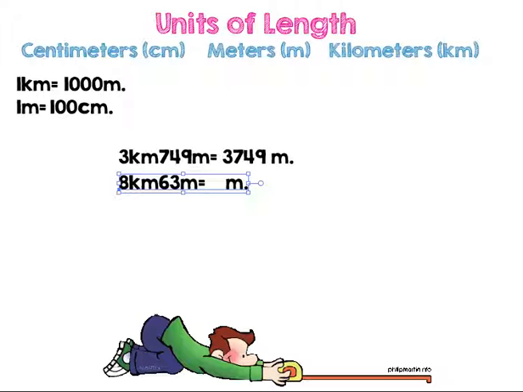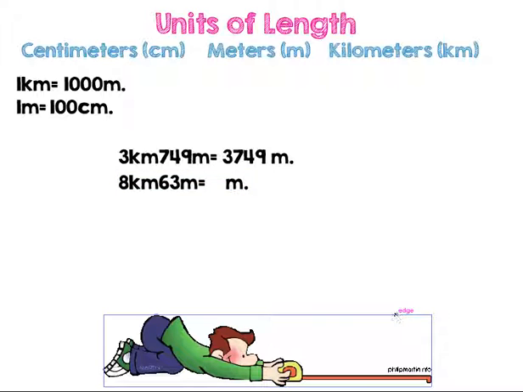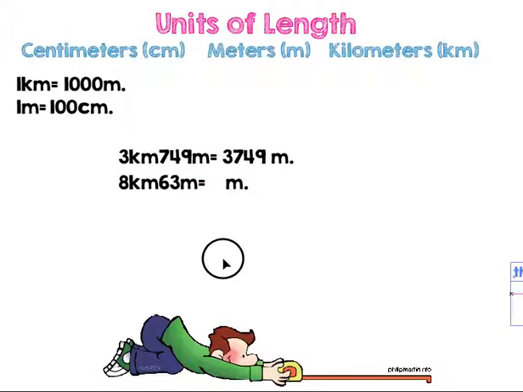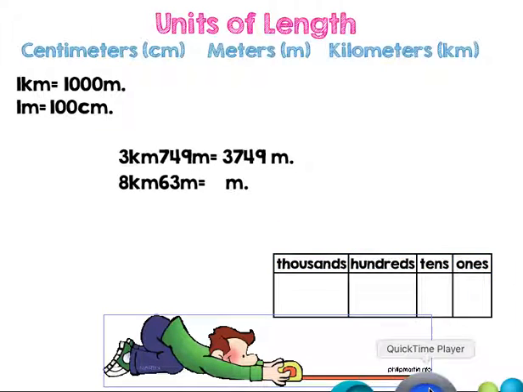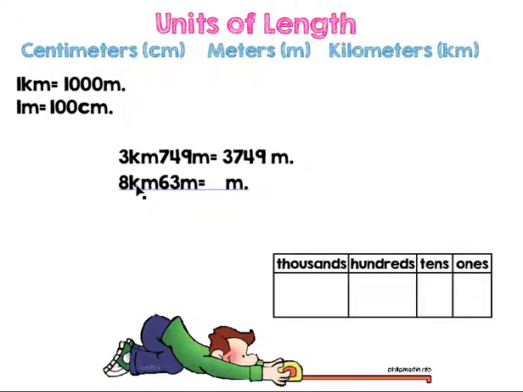Remember, to complete the perfect answer, you can use your place value tables. So if this is 8,000, we put it in the thousands. And then we have 63. So did we say hundreds?